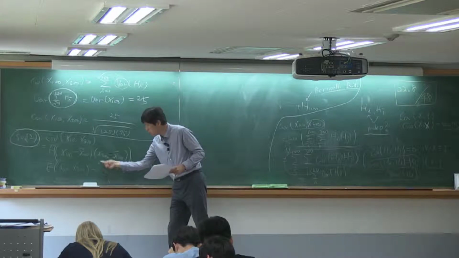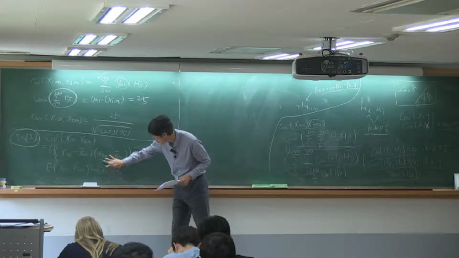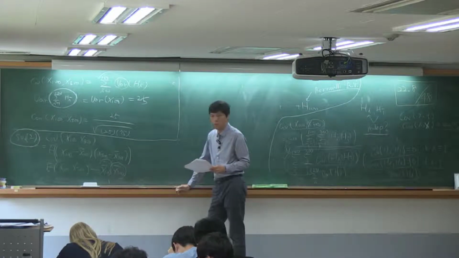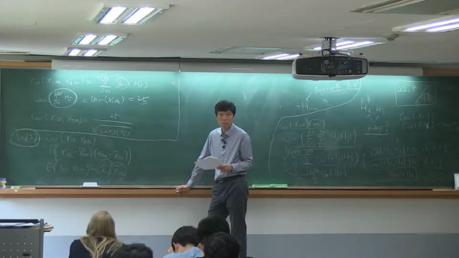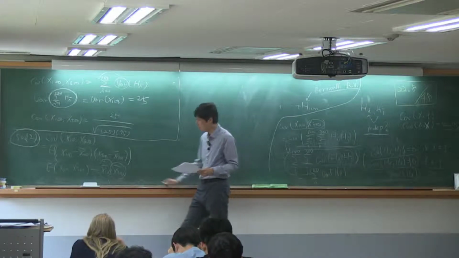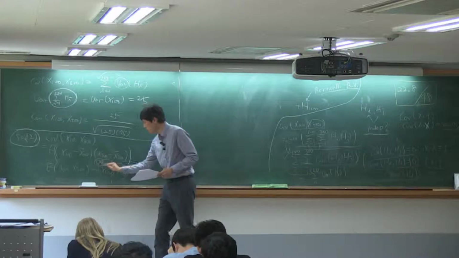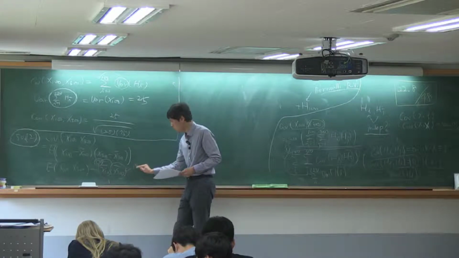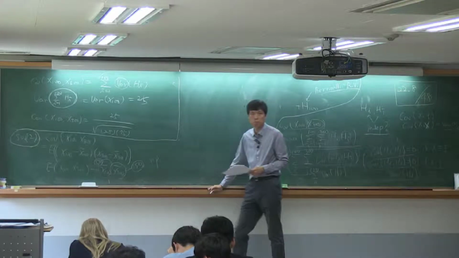What is the mean of X100? What is the mean of X300? The mean is NP, N times probability P. So the mean of X100 is 50, and the mean of X300 is 150.